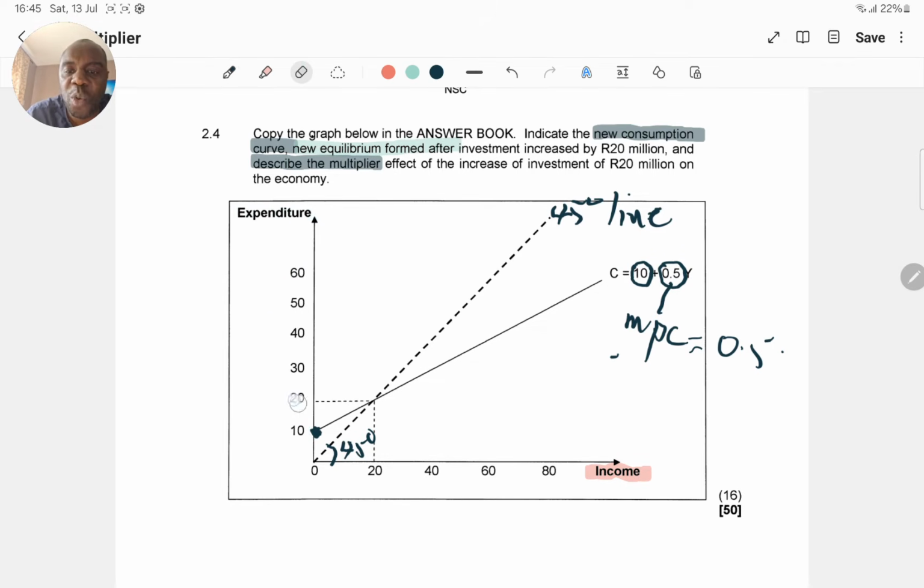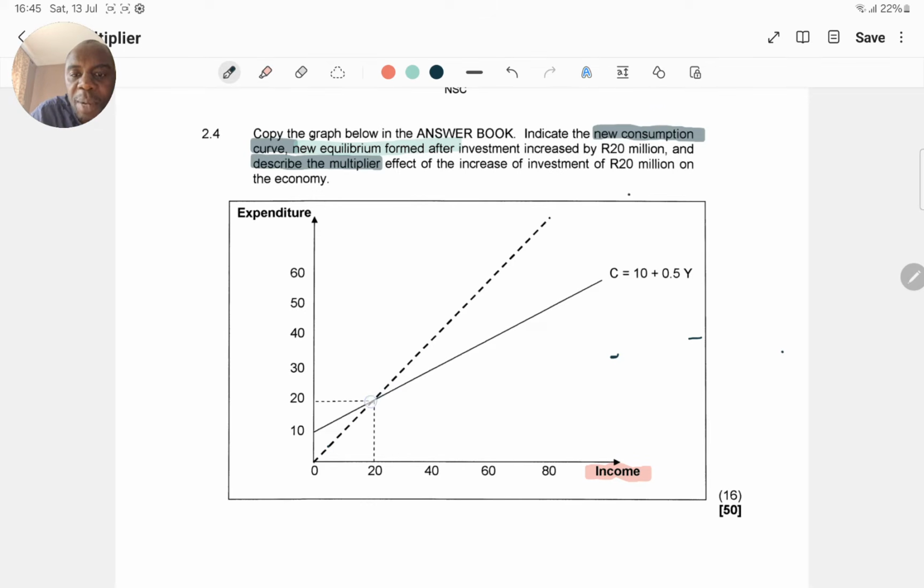The next item that we want to analyze is the equilibrium. The point where the 45-degree line meets the consumption expenditure, this point.